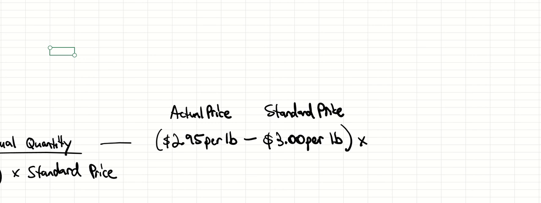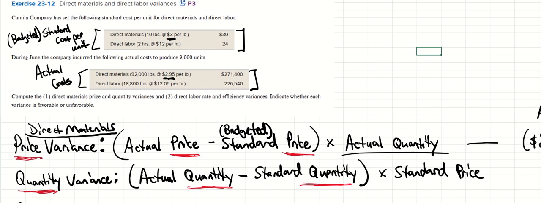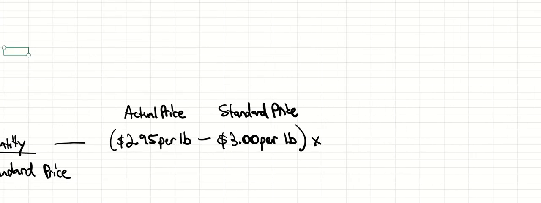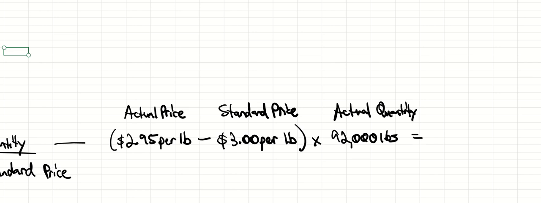So we're going to multiply all of this by the actual quantity, which is 92,000 pounds. This is our actual quantity. So if we do the math, taking the actual price, subtract out the standard price, multiply by 92,000 pounds, that's going to give us $4,600.